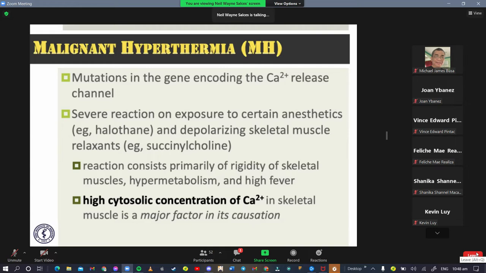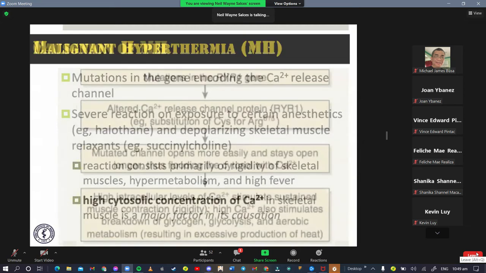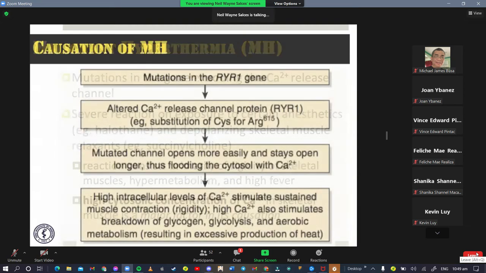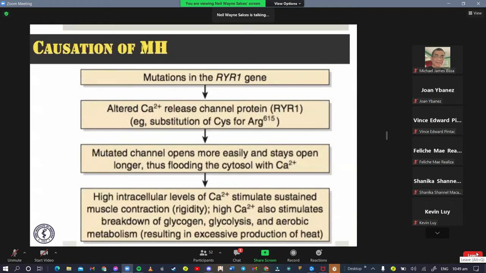This dantrolene is a skeletal muscle relaxant that acts to inhibit the release of your calcium from the sarcoplasmic reticulum into the cytosol, thus preventing the increase of cytosolic calcium that is found in your malignant hyperthermia. This figure is a simplified scheme of the causation of your malignant hyperthermia.